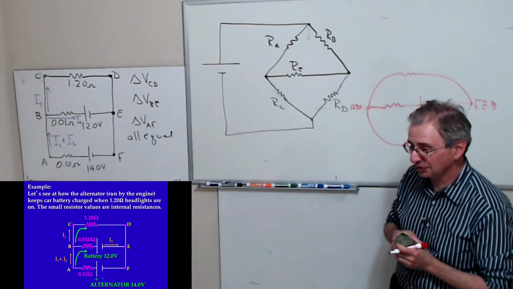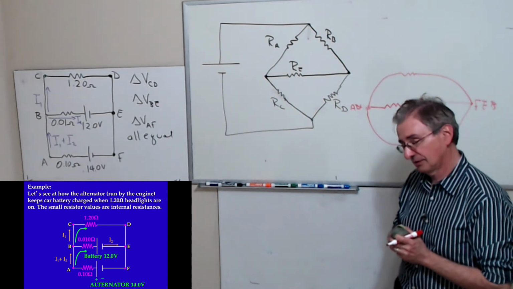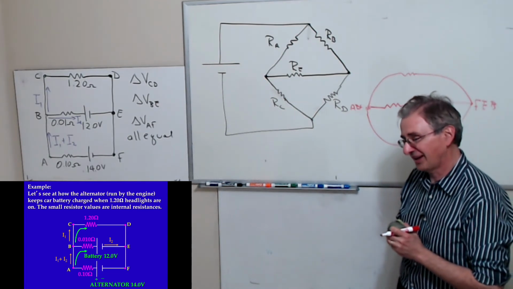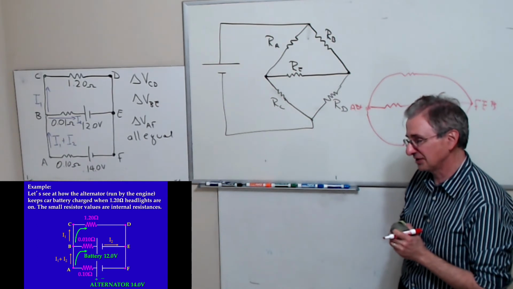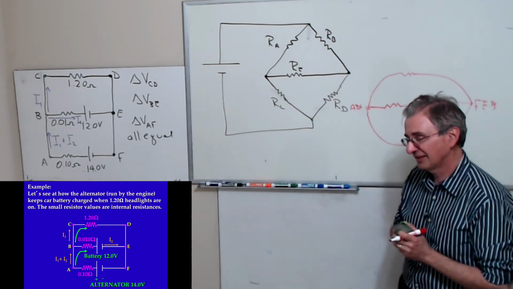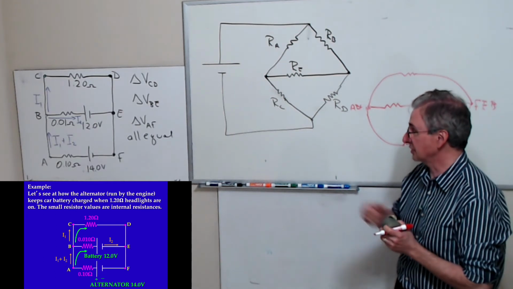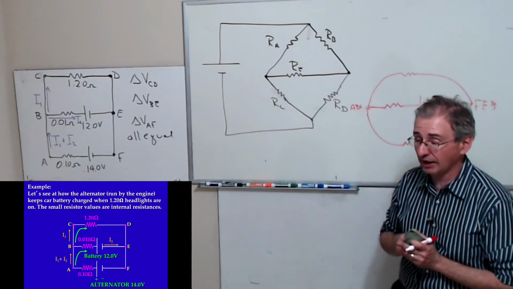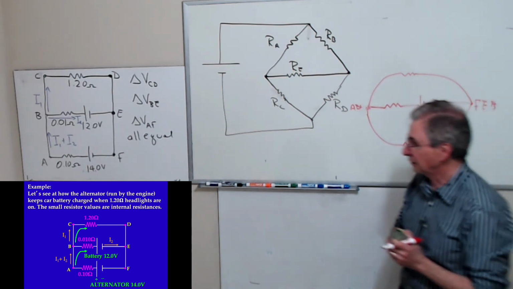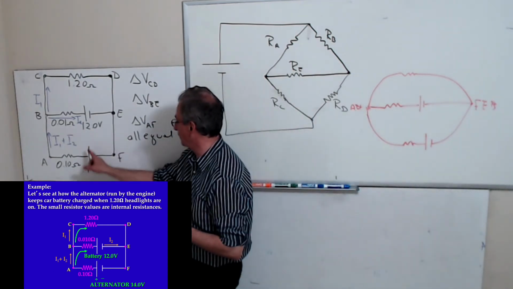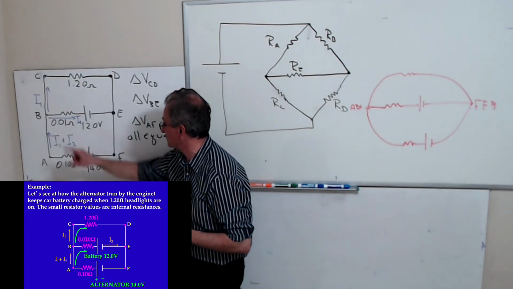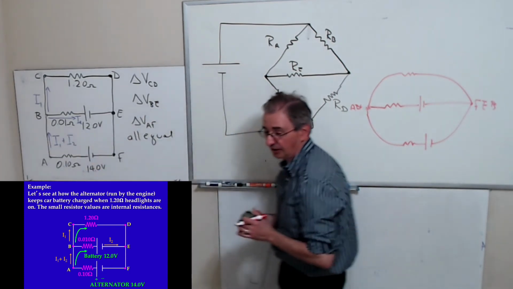So what you can do, there's that simulation from online. You can actually play around with that simulation and see for yourself. Better yet, you can actually wire something like this up with the batteries that you have. You don't have to have a 12-volt battery. You can put a 1.5-volt battery here, another 1.5-volt battery here with some resistors, and you can see for yourself that you get the same results.